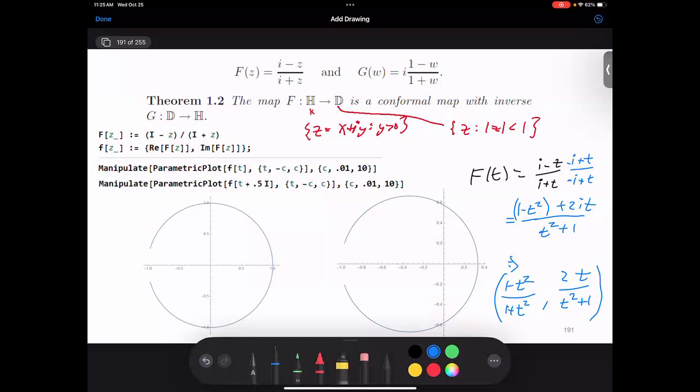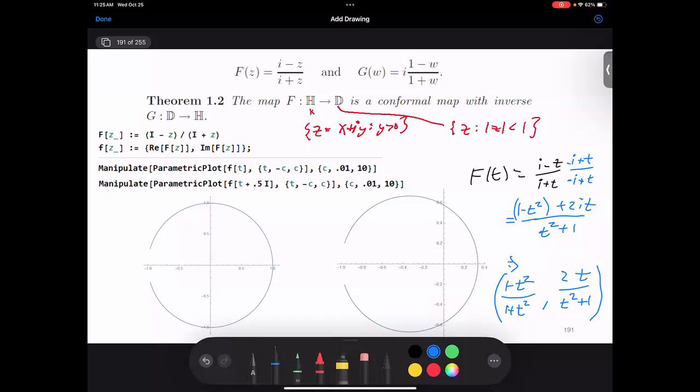Was there any value of t that would correspond to -1? t is real. Which infinity? Negative infinity? Does it matter if I go to negative infinity or positive infinity?